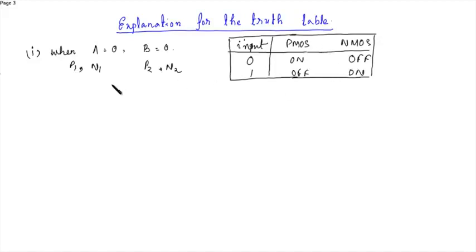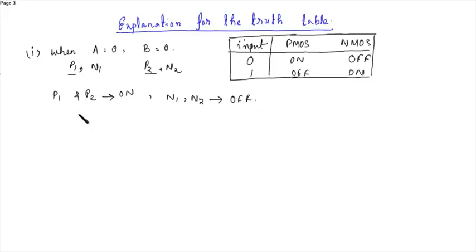So when A is equal to 0 and B is equal to 0, P1 and P2 will be on, and N1 and N2 become off.